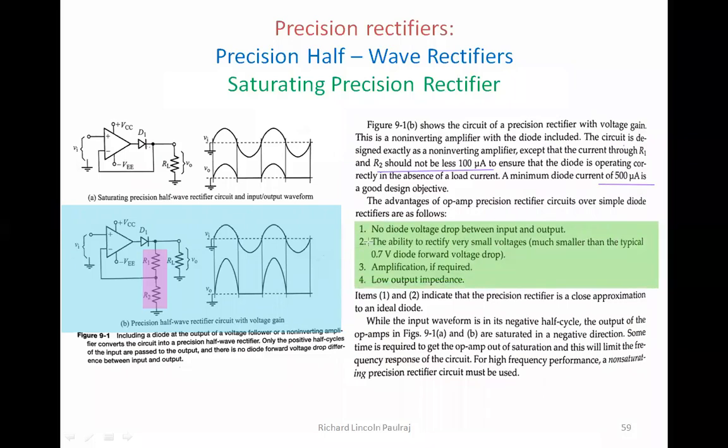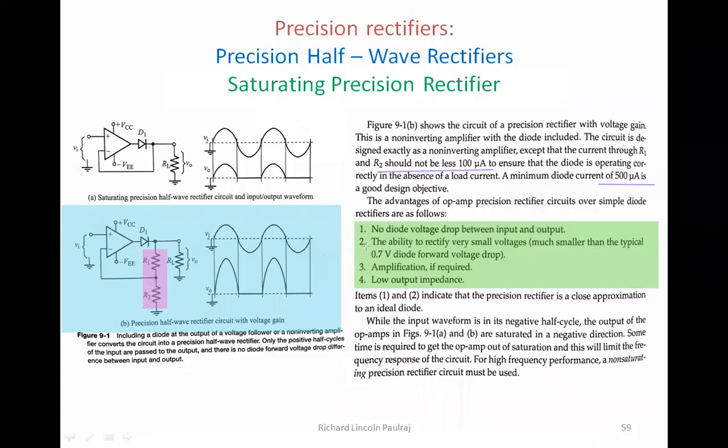The ability to rectify very small voltages, which is why it's called precision, very accurate. The diode does not cause any drop in voltage between input and output because of the op-amp, which helps in regulating that.